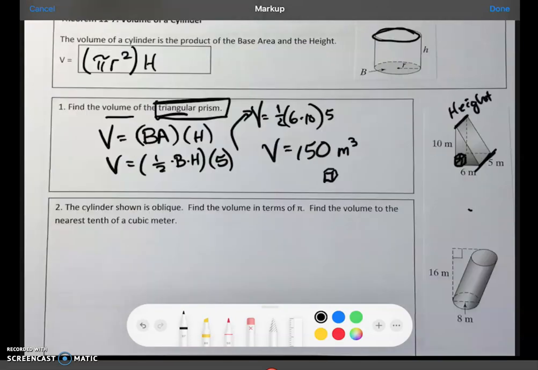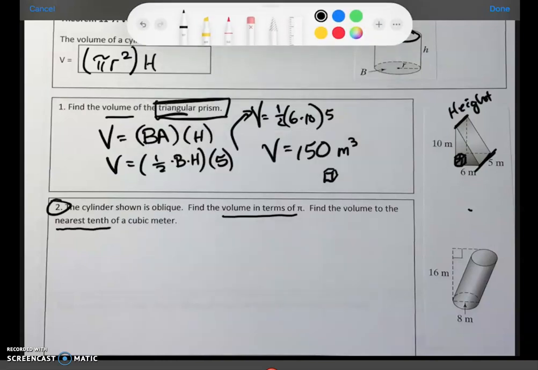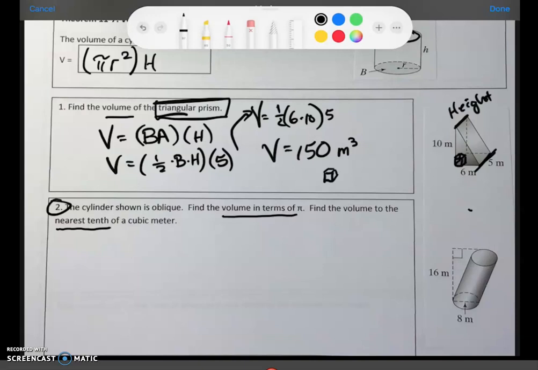Now we've got number 2 here. Figure out the volume of this cylinder. It says find the volume in terms of pi, and also find it to the nearest tenth. So they want you to do it twice, two different answers here. Again, the base is a circle. Because we know the base is a circle, the formula for the base area is pi r squared times the three-dimensional height. So the volume here, the radius is 4.